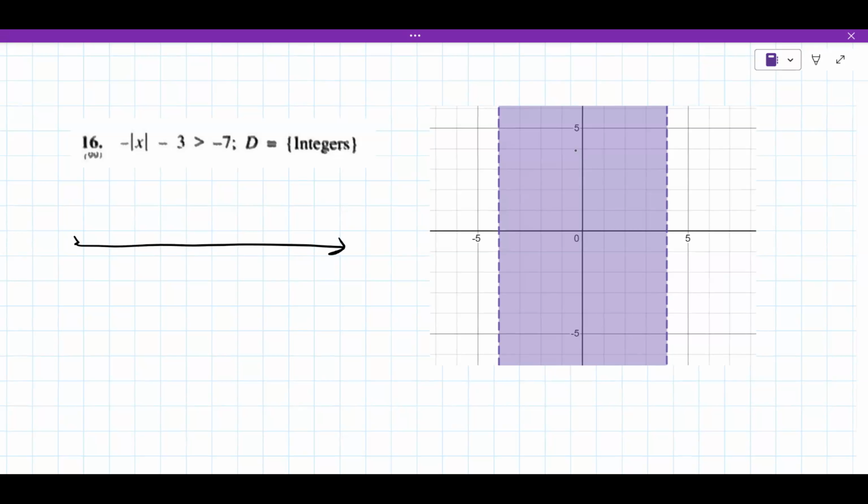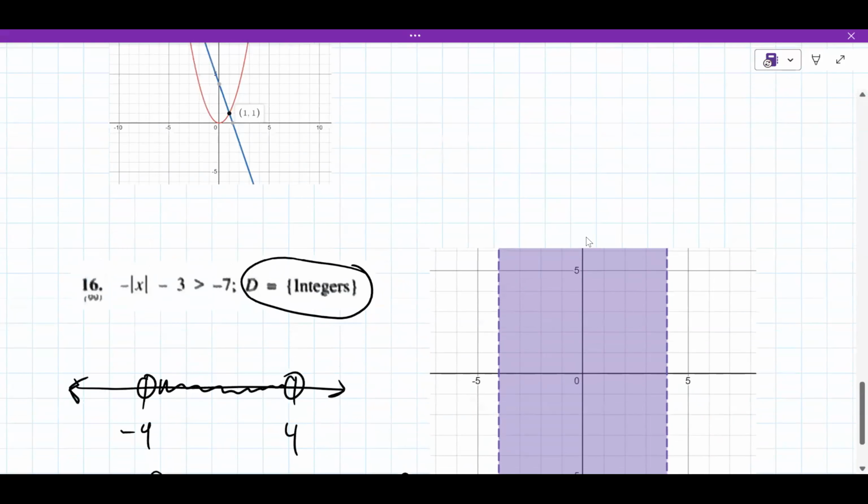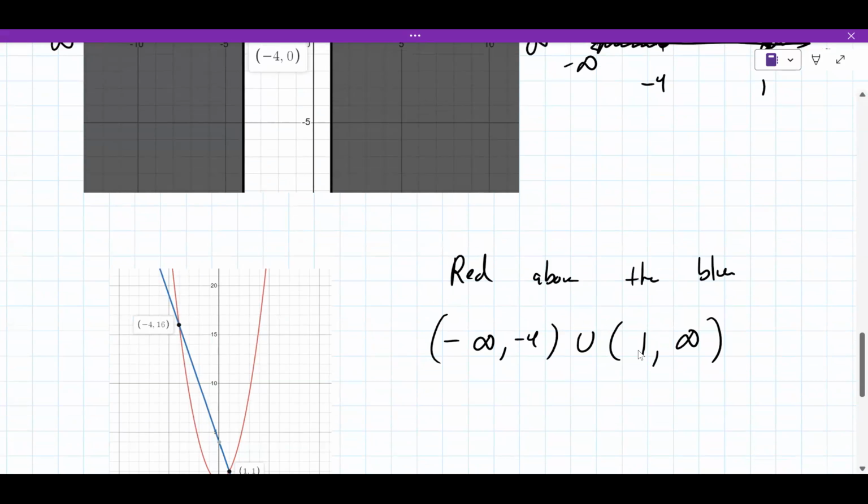Now, I should point out that it's very explicit here that it is only the set of integers. So our last answer kind of isn't correct here, and this one I'll just give you more specifically: it's -3, -2, -1, 0, 1, 2, and 3. Whereas the other one is all the integers except for the ones from -4 to 1.